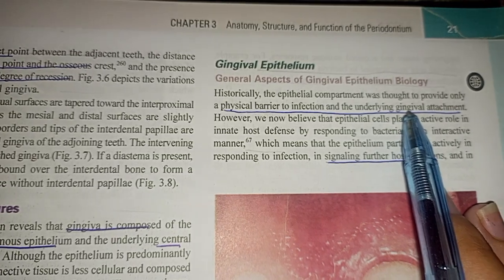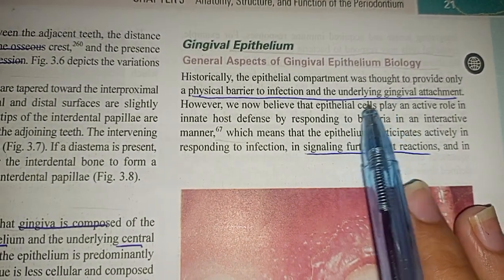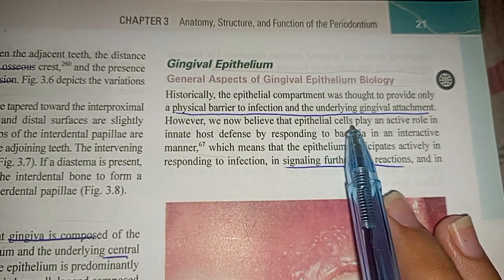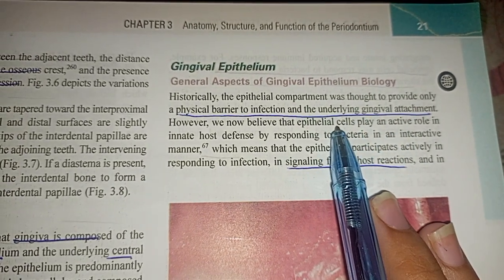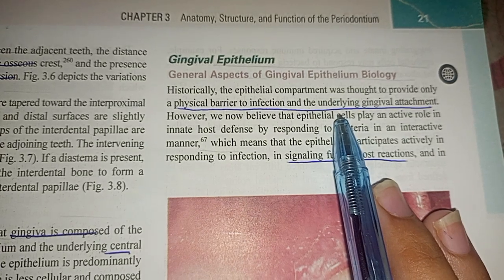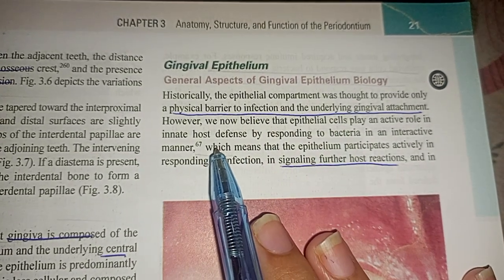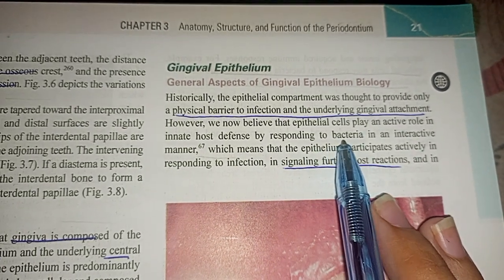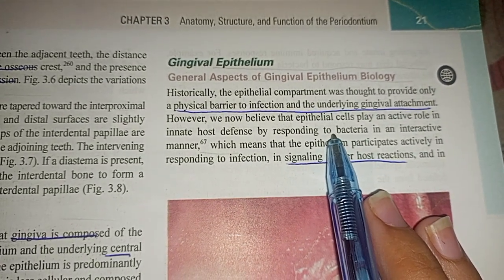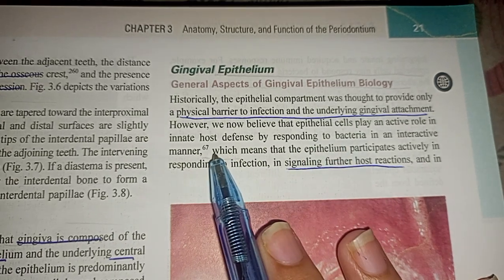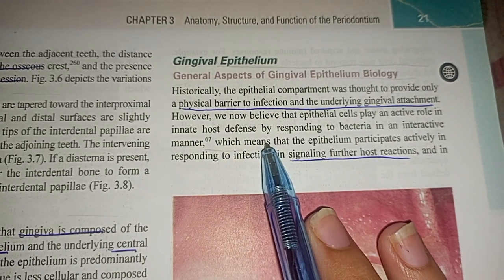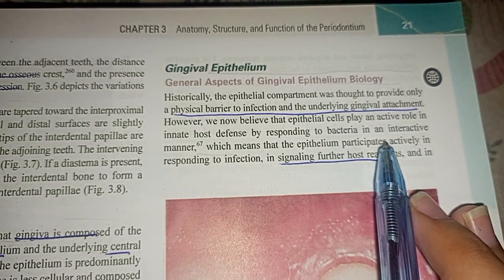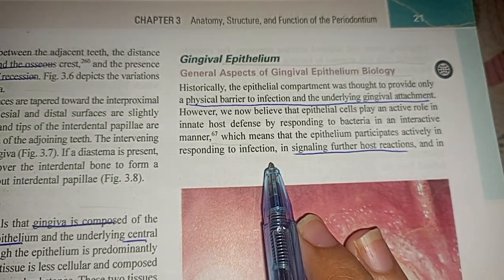However, now it is believed that it has a lot of roles. The gingival epithelium is not just a physical barrier; it is also an immune host defense by responding to bacteria. When bacteria enters or attaches to the gingiva, its innate host defense mechanism is activated. The epithelium participates actively in responding to an infection.